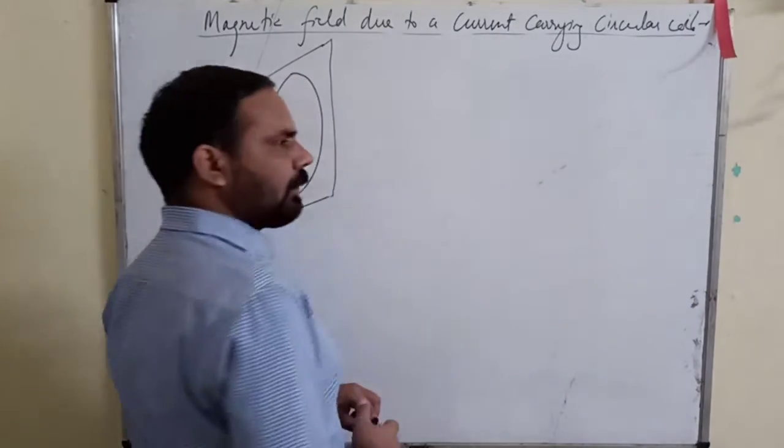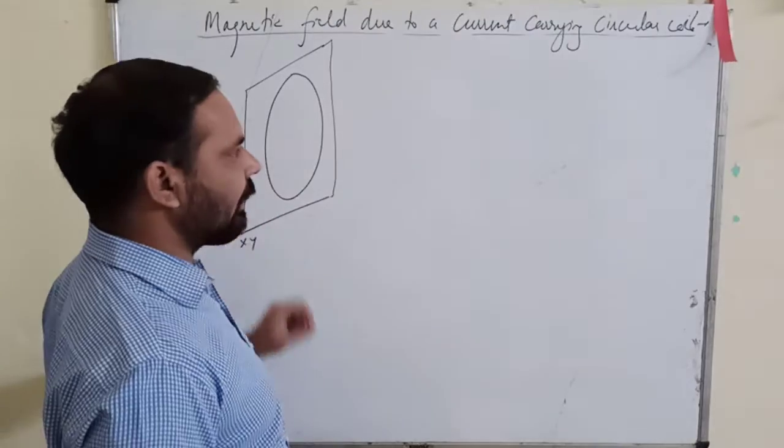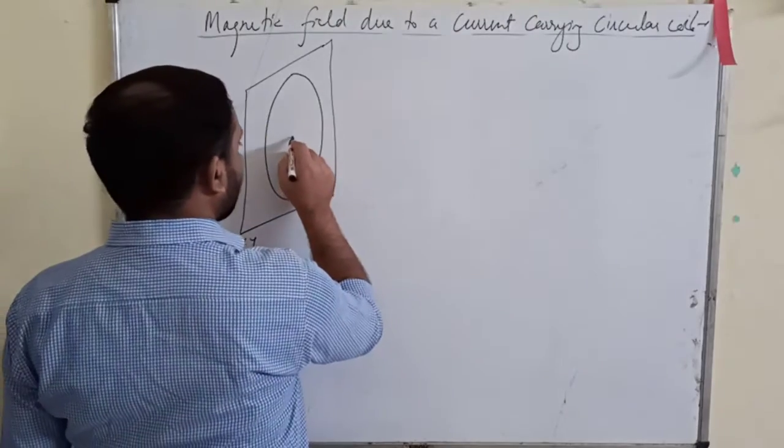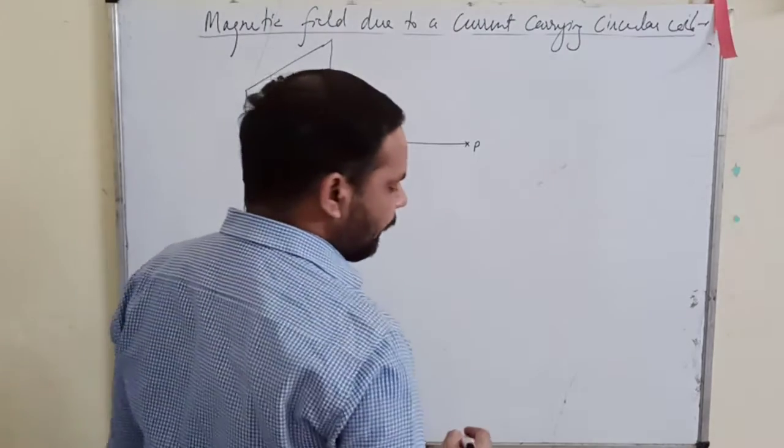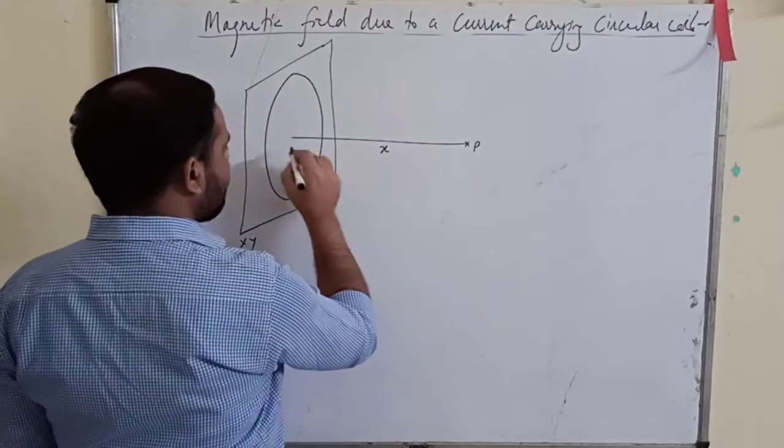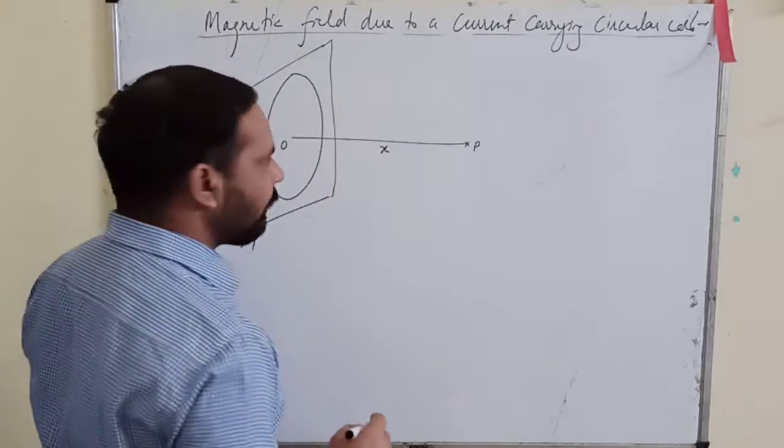We want to find out the magnetic field due to this current carrying circular coil at a point on its axis, point P, which is at a distance of x from the center of the coil.